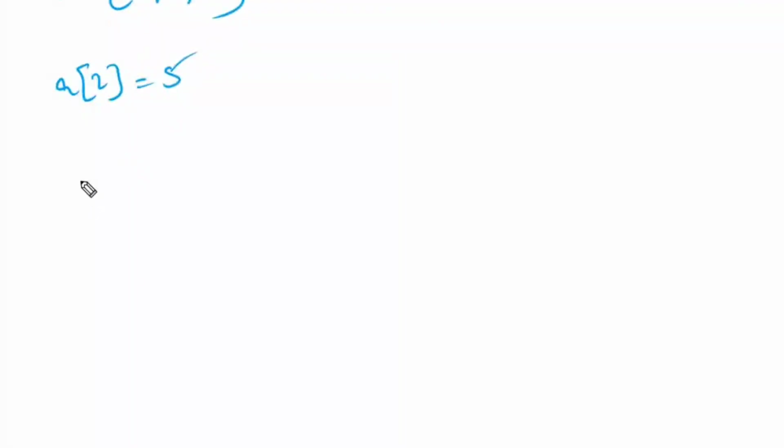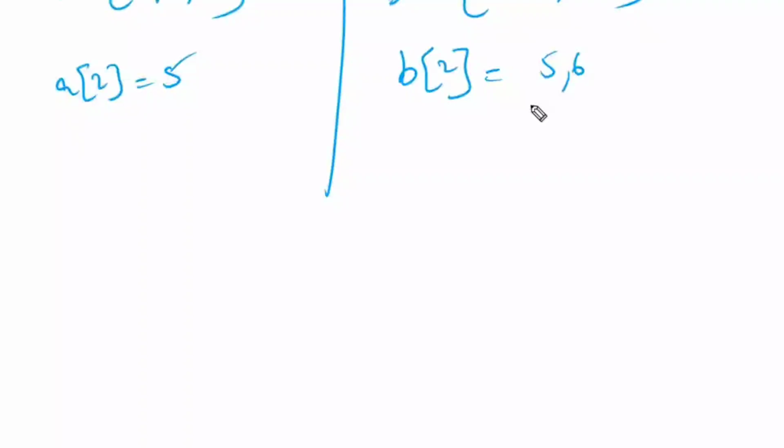Now, B of 2, what is the answer? 5, 6. What is meant by oblique? 5 comma 6, square brackets are not there. Then what is it called? The output is this one, okay.